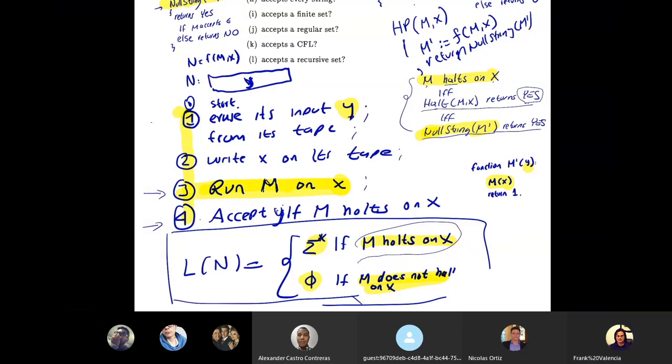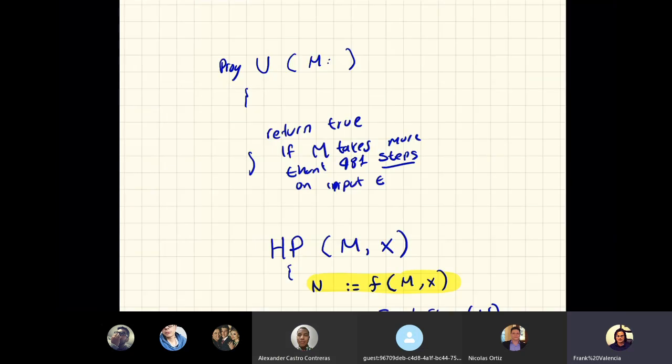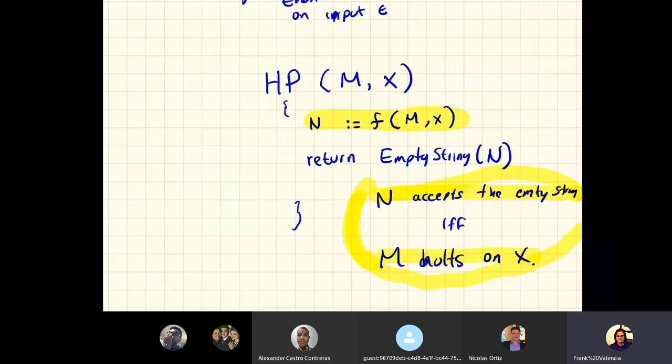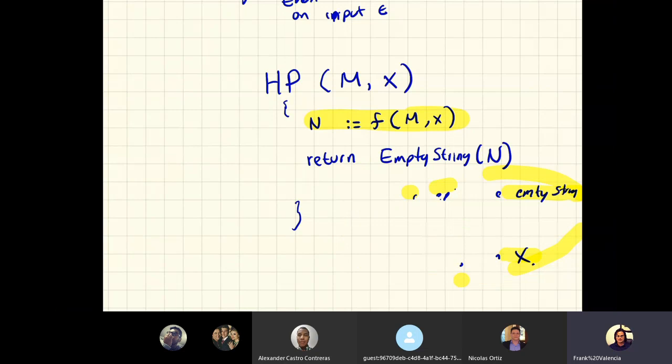Entonces, el lenguaje de la máquina dependería totalmente de M y X. Yes, and that's the important thing. That's actually the whole purpose of this thing, that it depends on M and X. Because maybe you haven't noticed it yet, but then you are basically done.